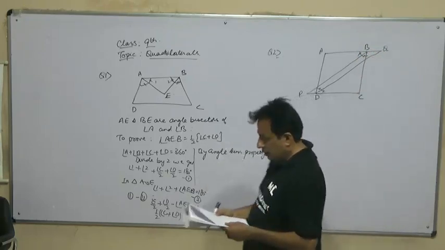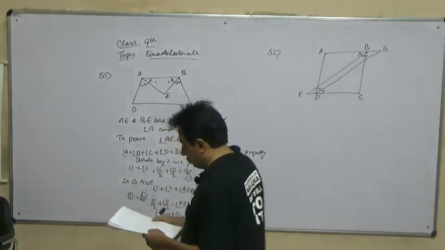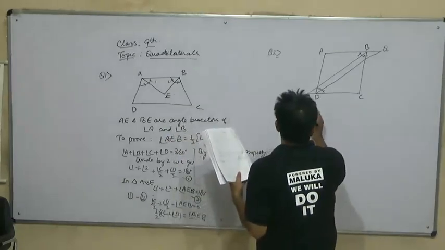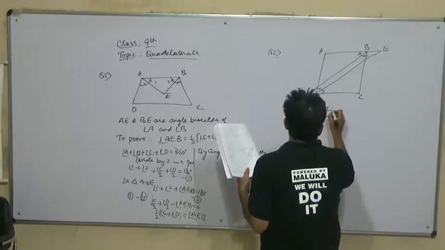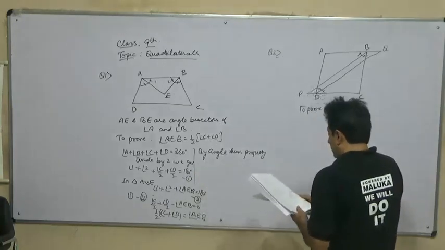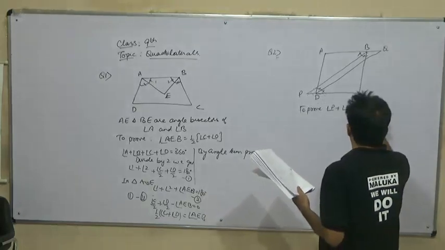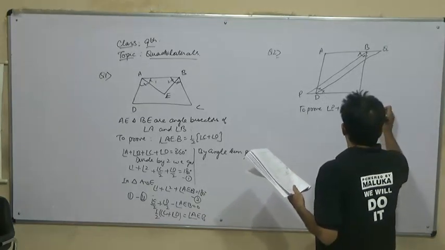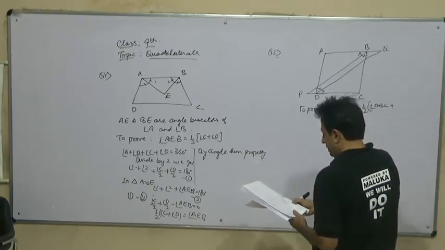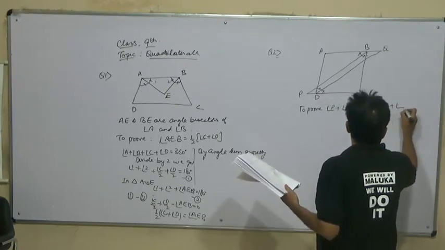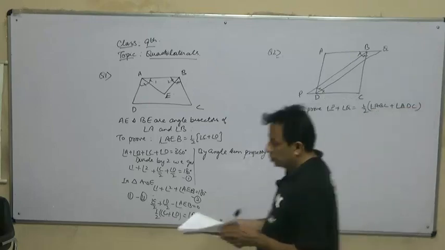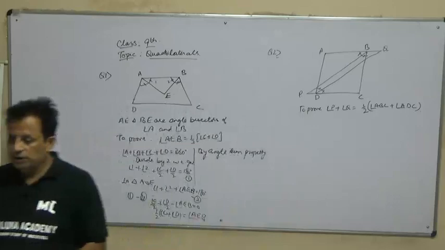So what we need to show is, to prove, angle P plus angle Q is equal to half of angle ABC plus angle ADC.